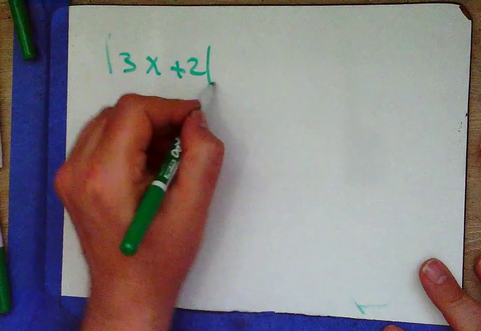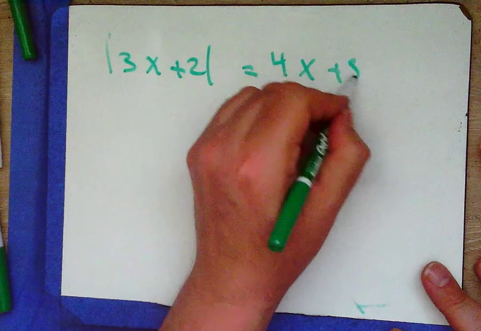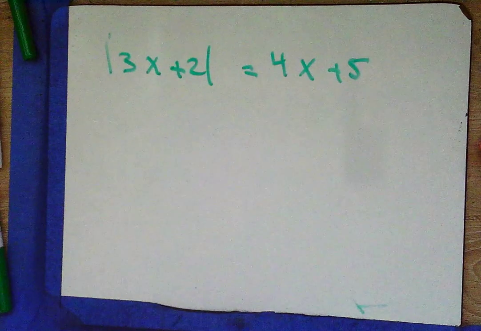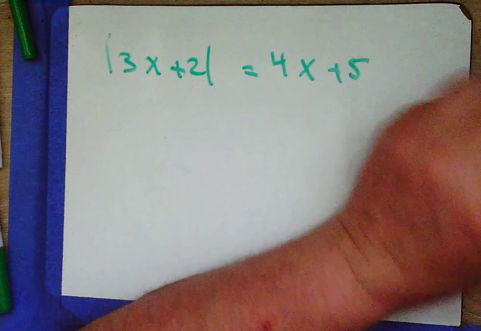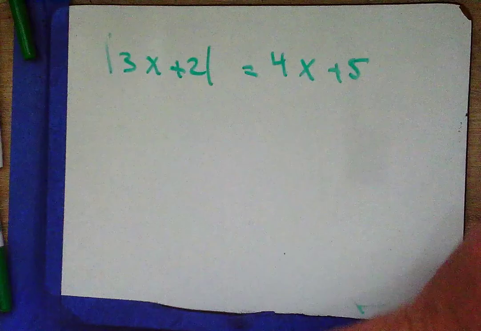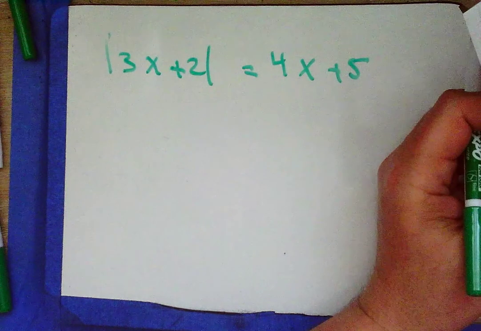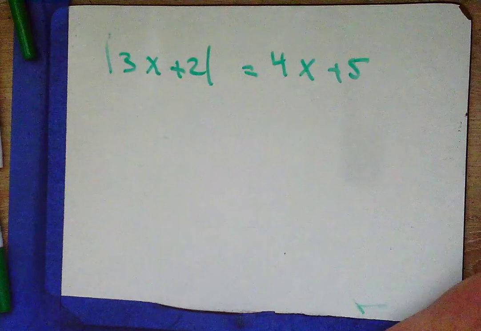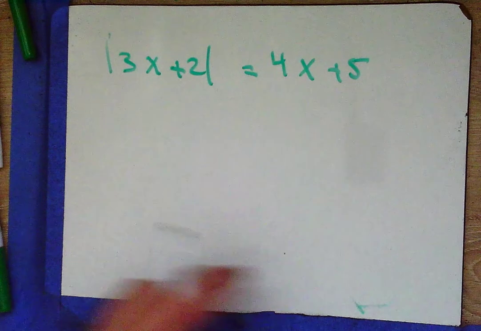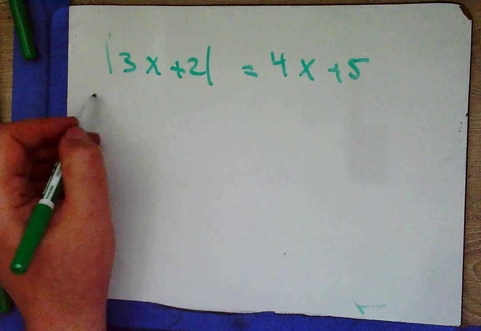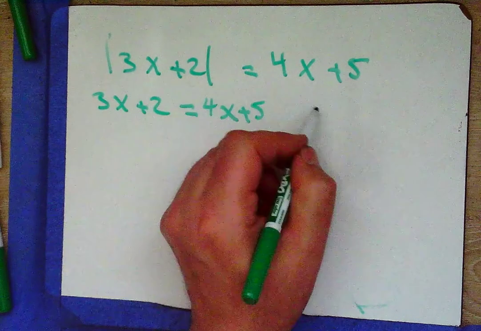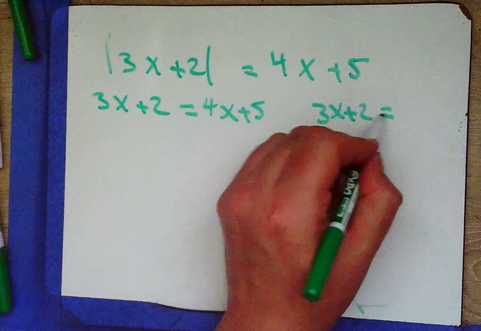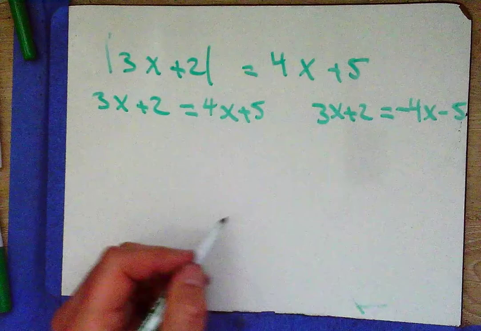How about this one? Absolute value of 3x plus 2 equals 4x plus 5. Give that one a try. All right, welcome back. 3x plus 2 equals 4x plus 5, and 3x plus 2 equals negative 4x minus 5.